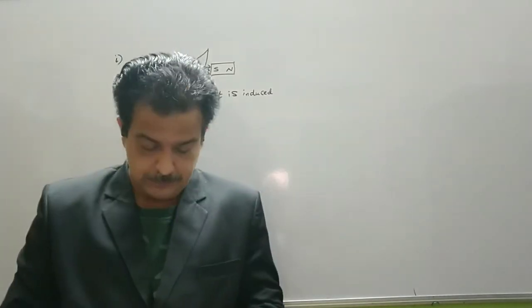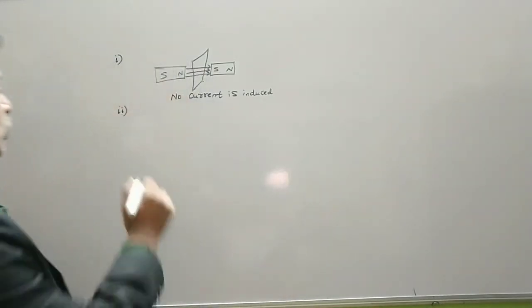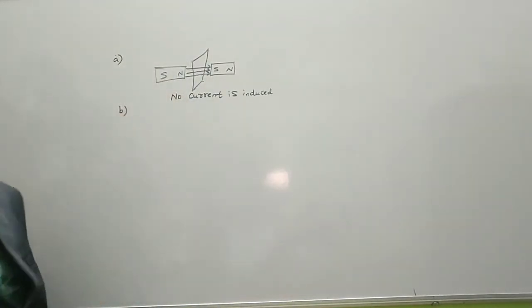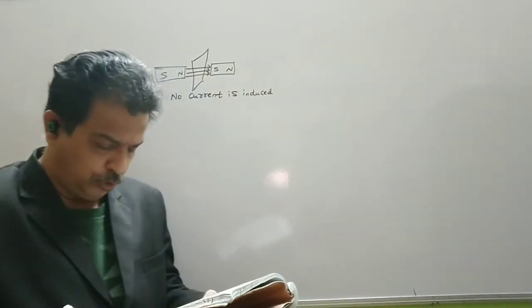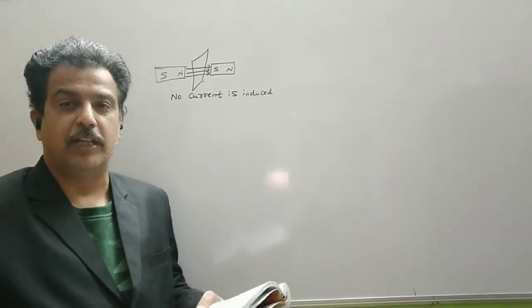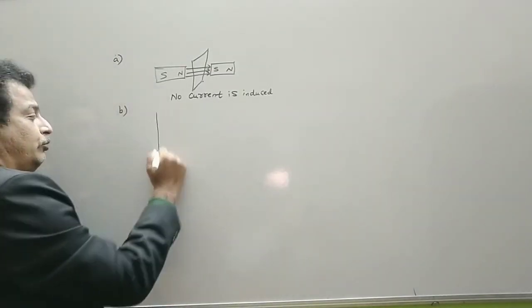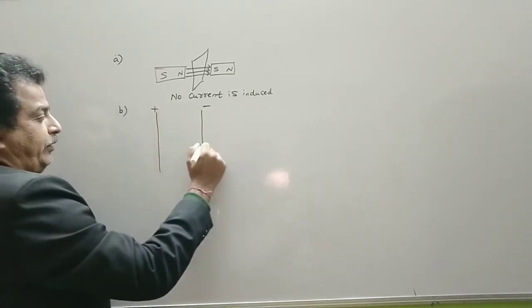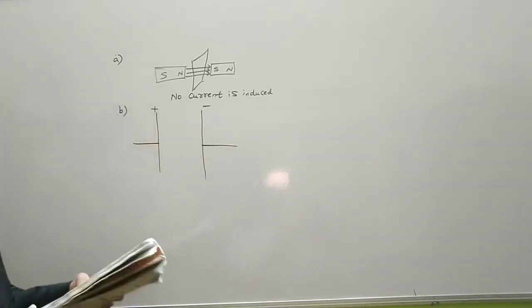So this was part A. B part. A closed loop moves normal to the constant electric field between the two plates of a large capacitor. So we have a capacitor. One plate is positively charged, the other is negatively charged.